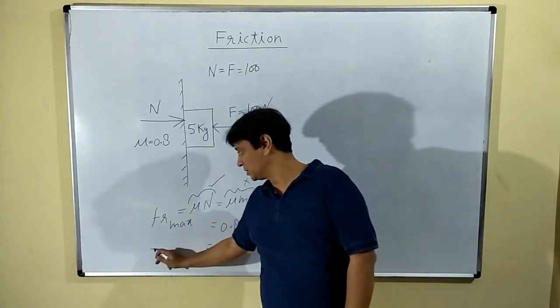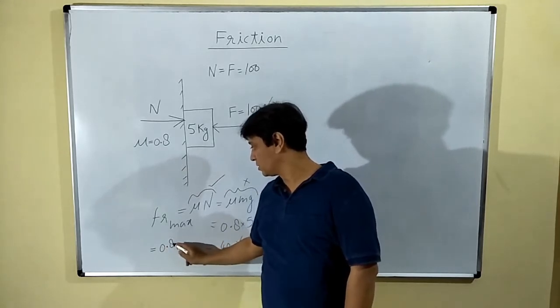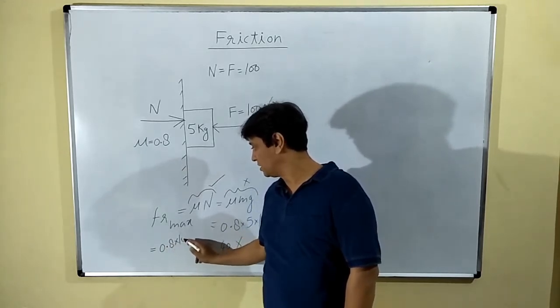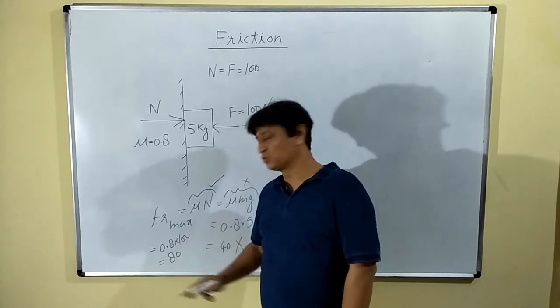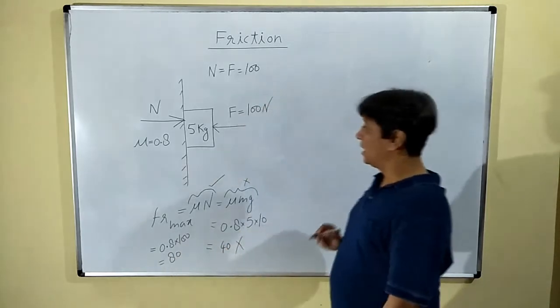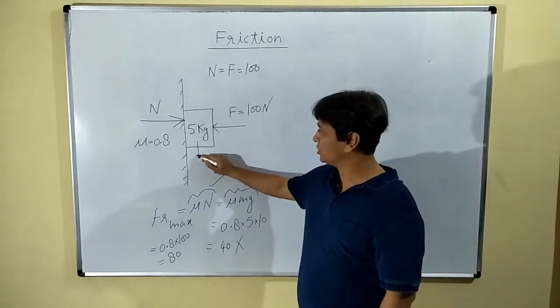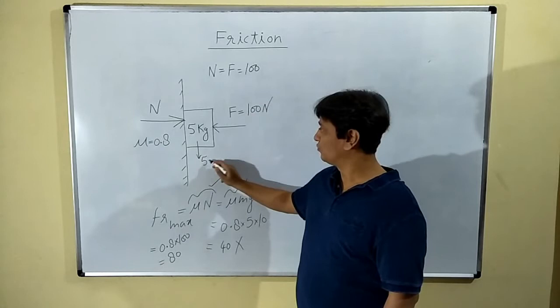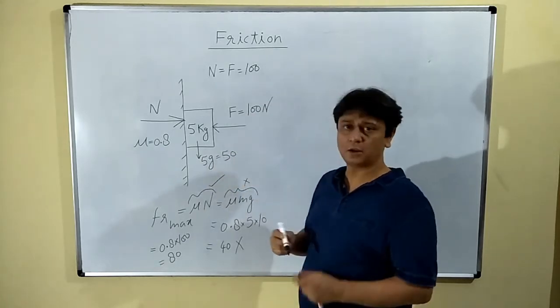Mu N. Mu is 0.8, the normal reaction is 100, so FR maximum is 80. That is upward. What is the downward force? mg, that is 5g or 50.